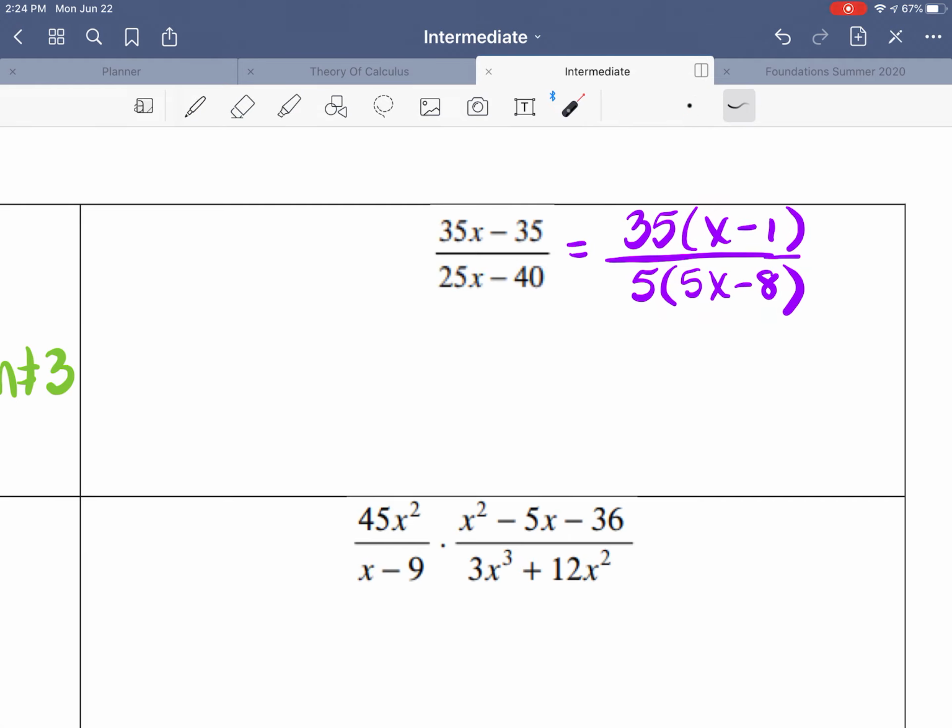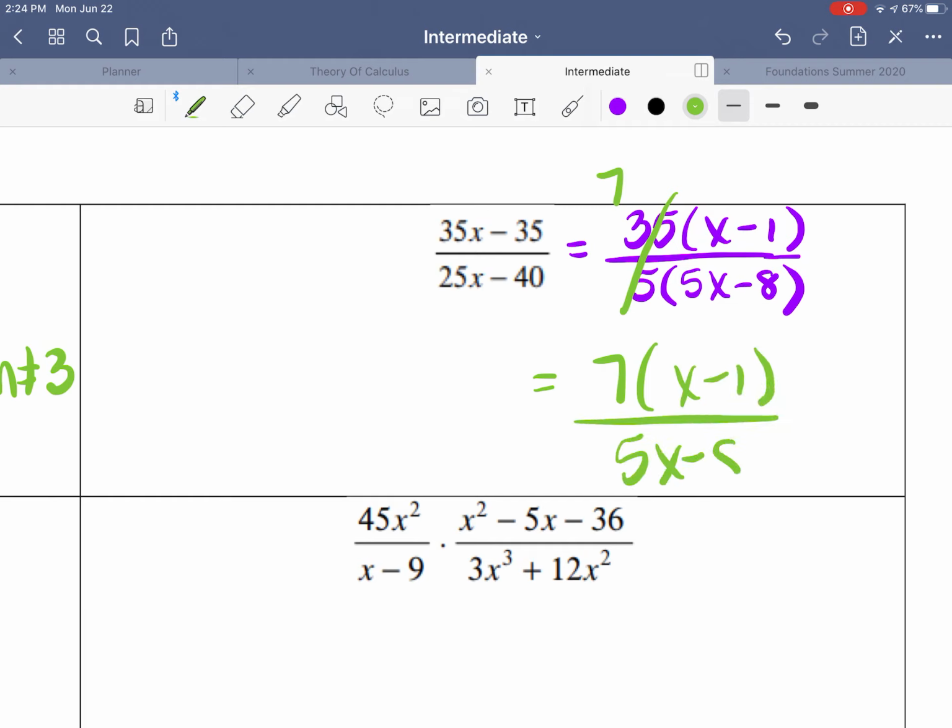These are not the same, so they do not divide. These are also not the same, but they do reduce. What is 35 divided by 5? 7. So we're left with 7 times x minus 1 over 5x minus 8. And that would be completely simplified. You can leave this in parentheses if you want to.